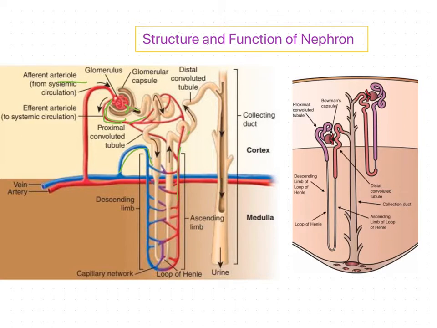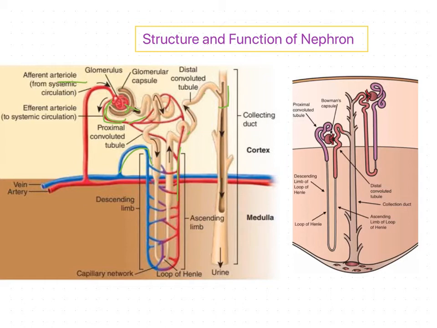Okay, so this is what is happening, and in the remaining part, that is the terminal part of the distal convoluted tubule and in the collecting duct, some tubular secretion takes place.